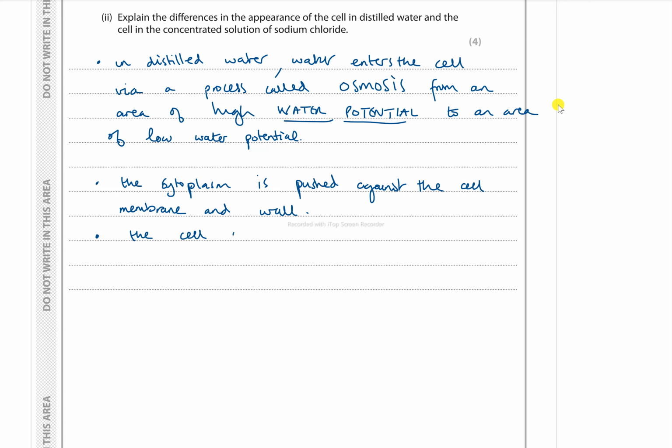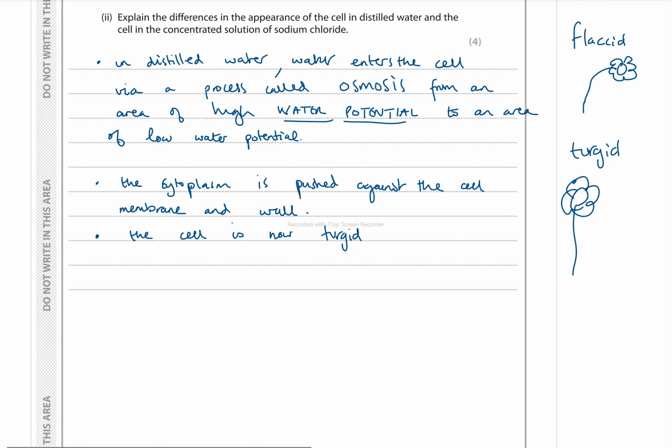The cell is now turgid. If something's turgid, it'll stand upright. If something is flaccid, it will droop, because water's gone out of the cell, it droops.